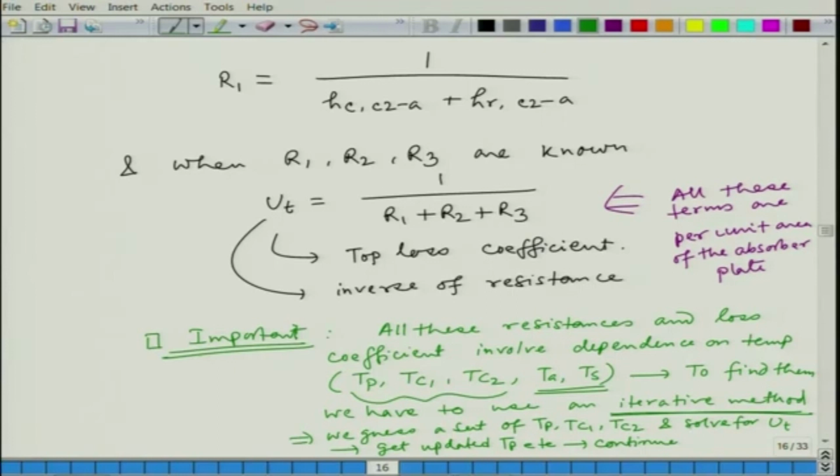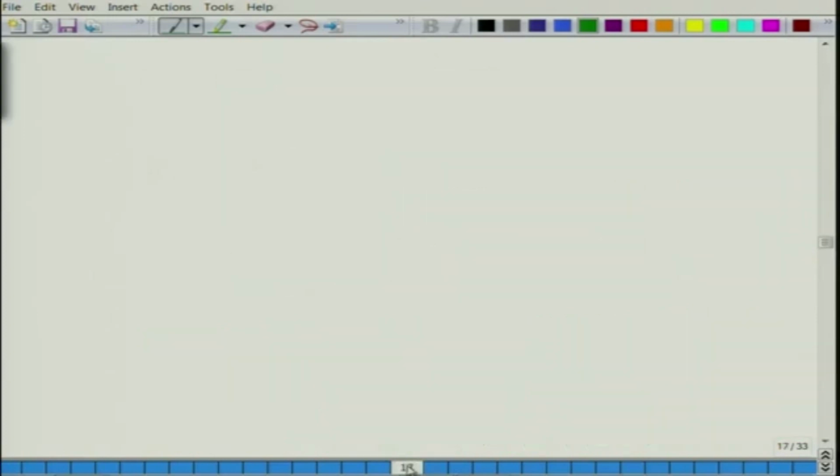That is how it is processed, continue until converged. Okay. So, that is the way to proceed about these resistances.